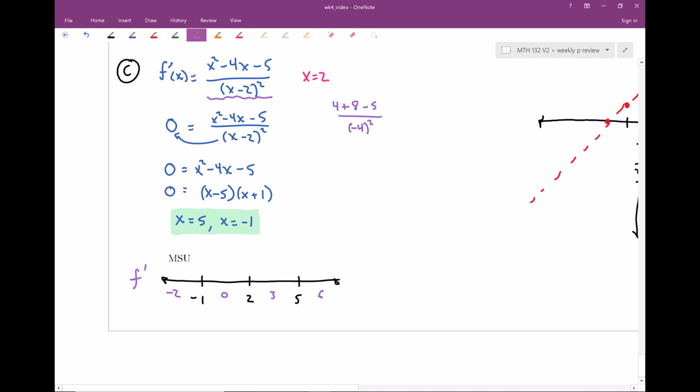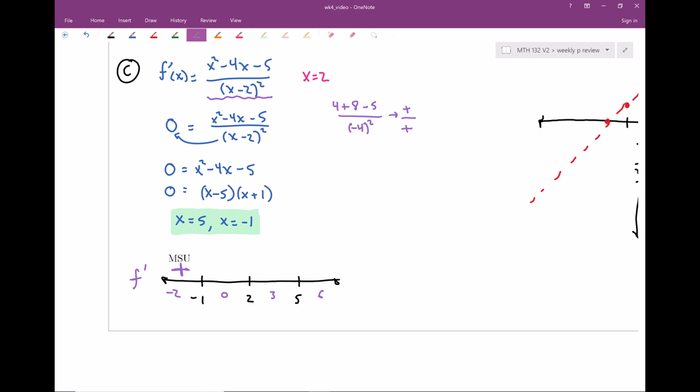So it looks to me that the numerator is going to be positive, and the denominator is going to be positive. So you have a positive divided by a positive, so on this interval the derivative is positive, and therefore the function is going to be increasing on this interval.